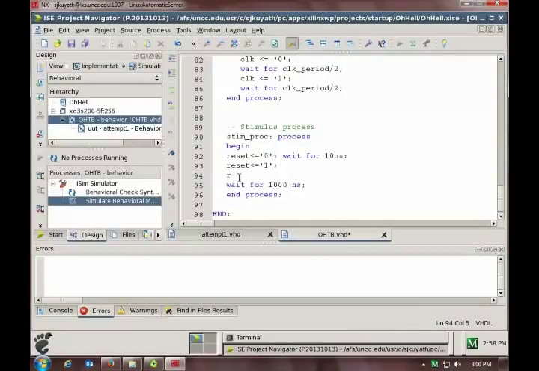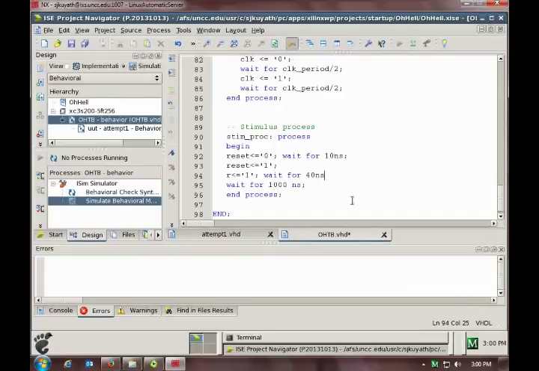Okay, so the next thing to do in here is say R is assigned, and wait for 10 nanoseconds. R is assigned 1, and then I'm going to wait for 40 nanoseconds.